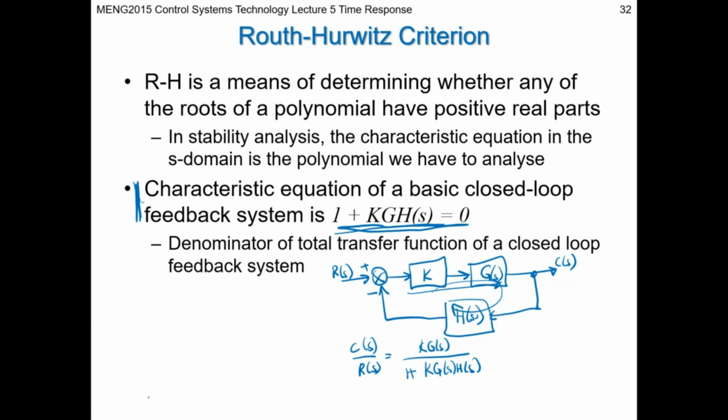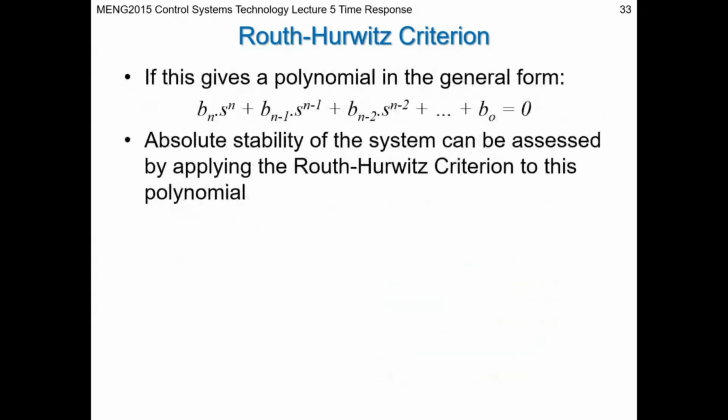So we can see here that the denominator of our overall transfer function, output over input, is our characteristic equation. So set the denominator to 0, and that gives us our characteristic equation.